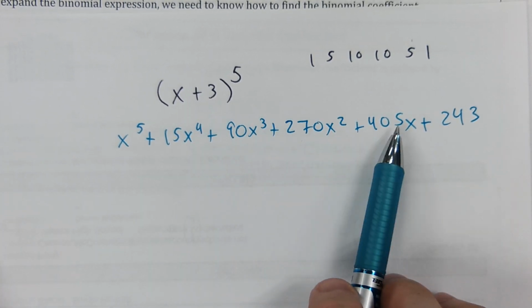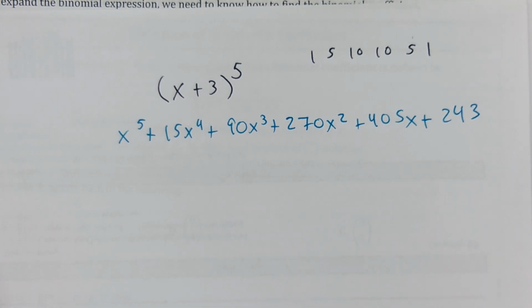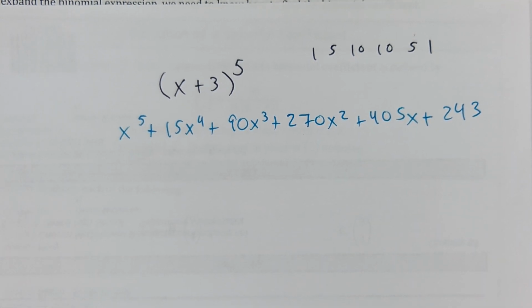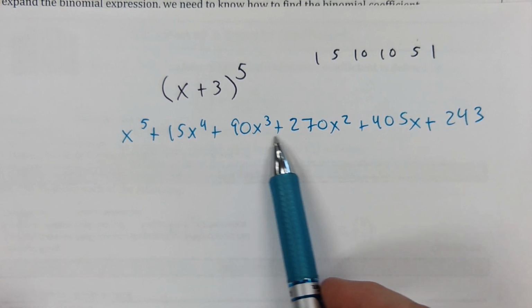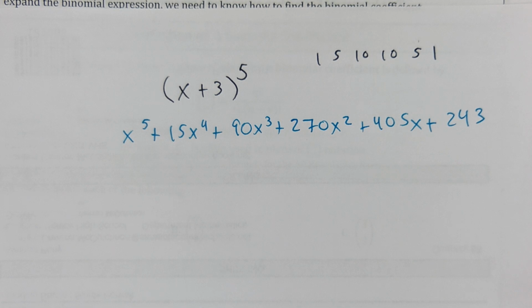That's the expansion. I got that without doing any foiling. But could you imagine how big those numbers got, the number-like terms you'd have to track down?